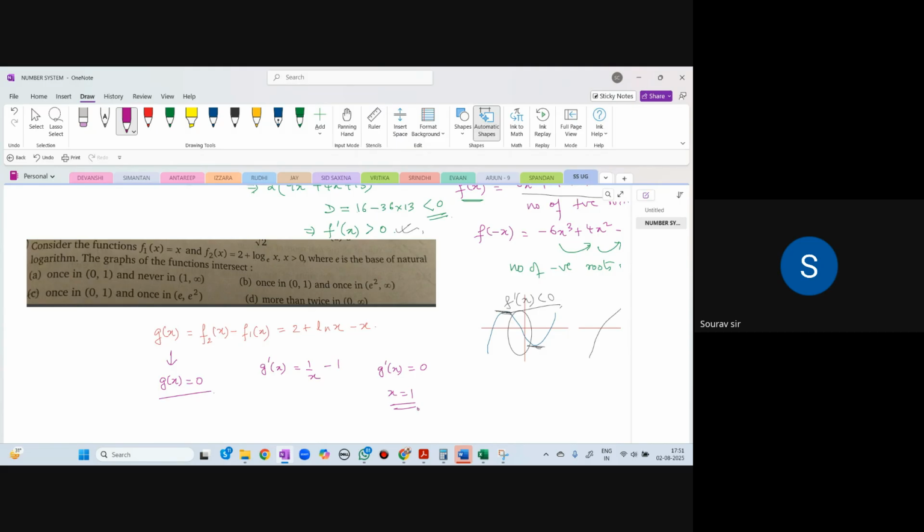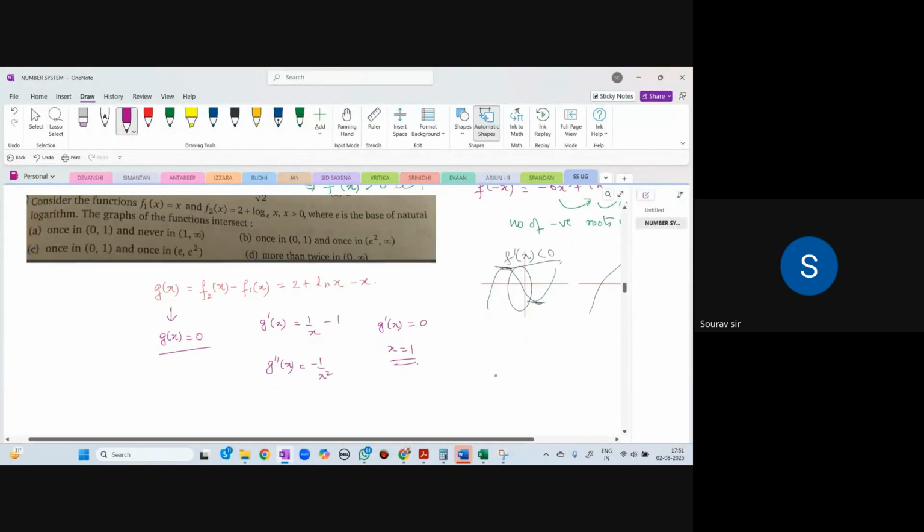That means at x equal to 1, there is a maxima or a minima. To determine whether it's a maxima or a minima, you do g''(x), which is minus 1 by x squared.